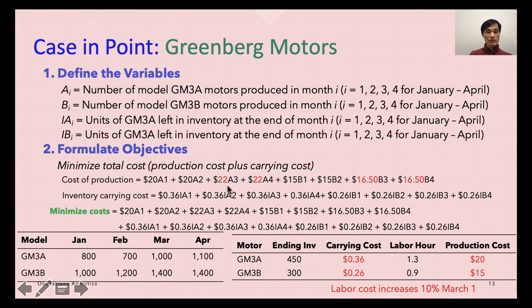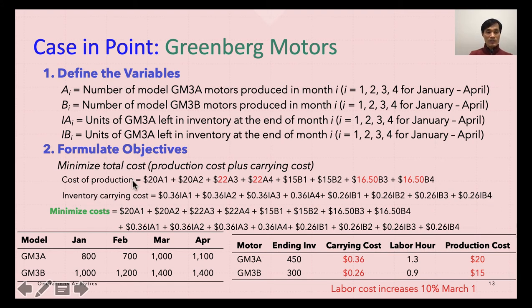So that's the inventory carrying cost for GM3A, and then 26 cents for GM3B. So we multiply 0.26 times B1, and so on for January, February, March, and April, and then you have the inventory carrying costs.